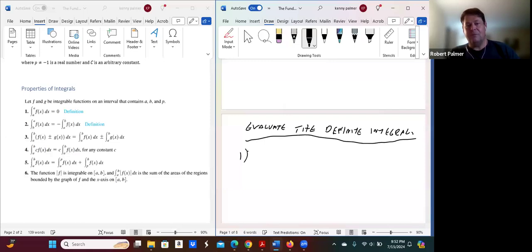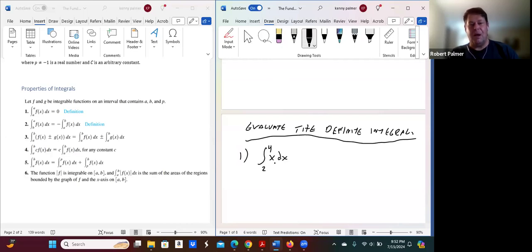All right, so number 1. Let's just start with a very basic one. Let's say we integrate just x dx from, say, 1 to 3. All right, let's make it 2 to 4.